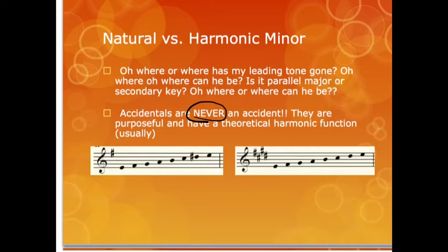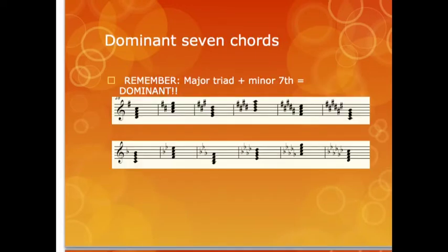What does that D sharp come from? Oh, I'm so glad you asked. It comes from the parallel major key. D sharp in E major is in the key signature, and that's where the D sharp comes from in harmonic minor, borrowed from the parallel major key.